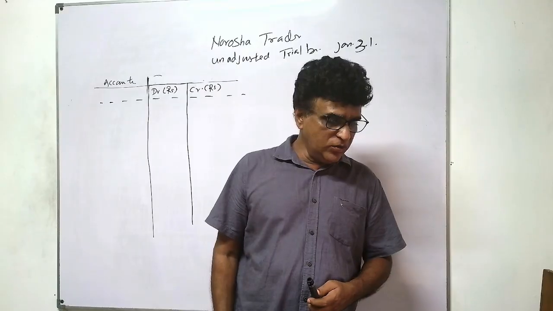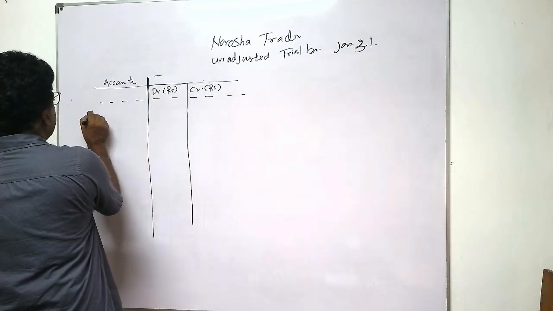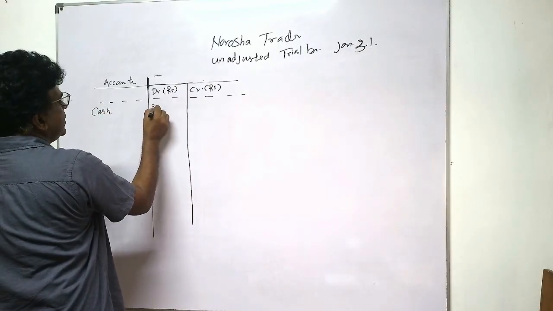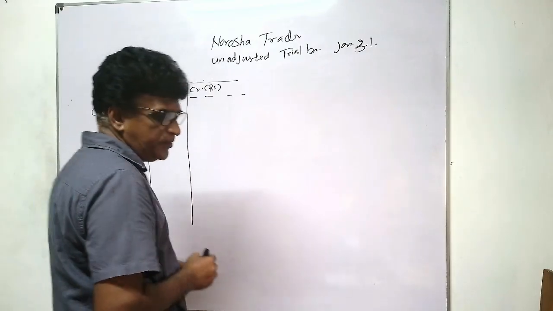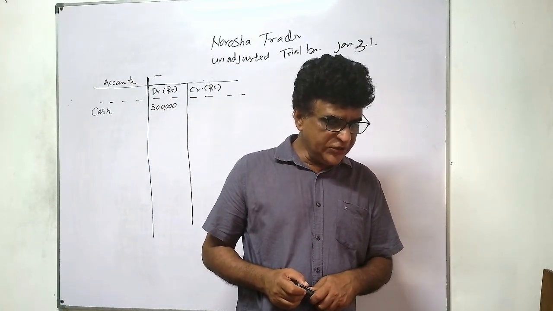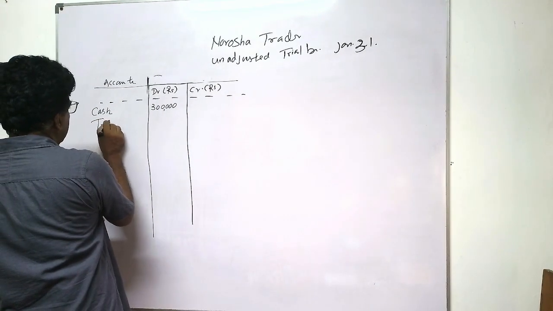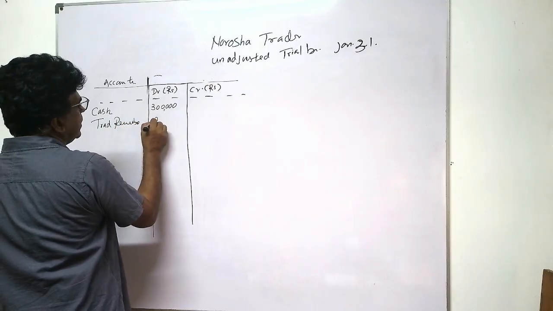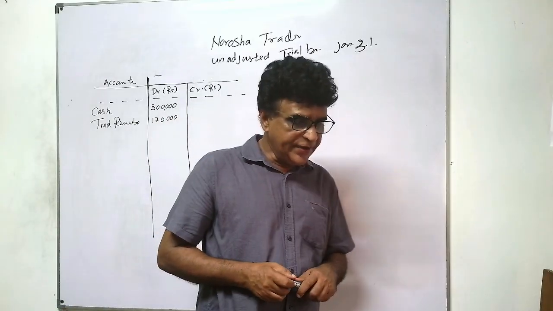Cash account, 300,000. Cash account, there is a 300,000 debit balance, and trade receivables 120,000.